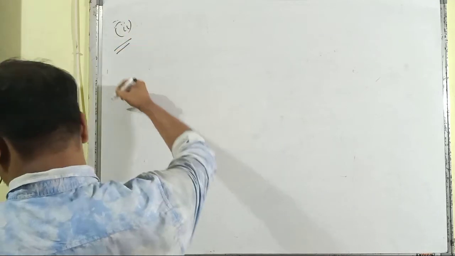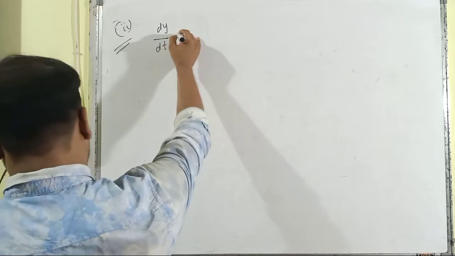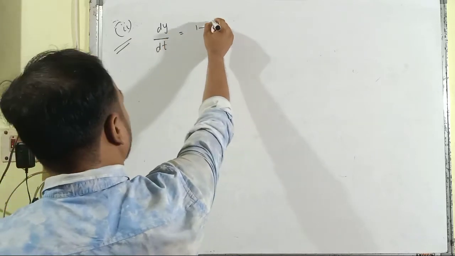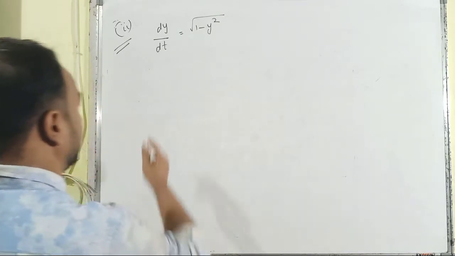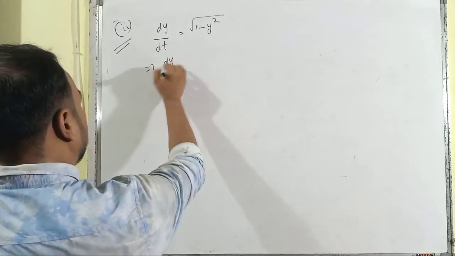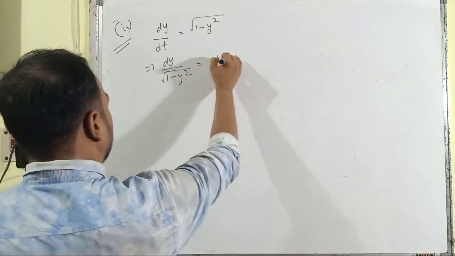The second bit of number 4 is dy upon dt is equal to square root of 1 minus y square. First of all we have to shift the terms. Then it is dy over square root of 1 minus y square is equal to dt.